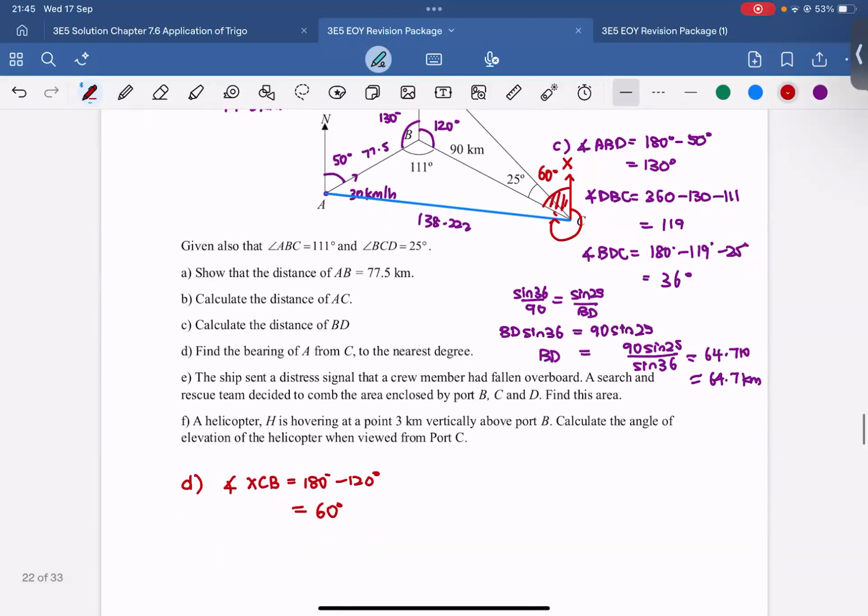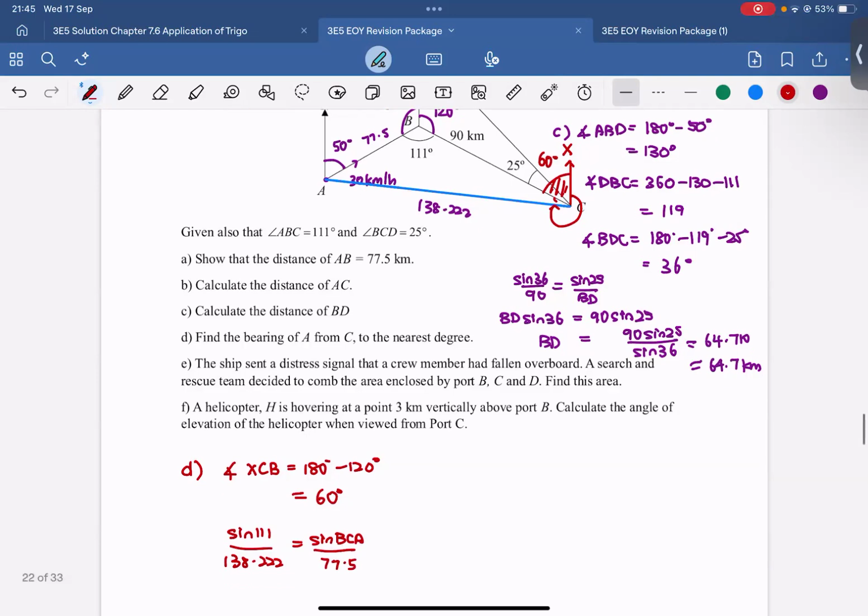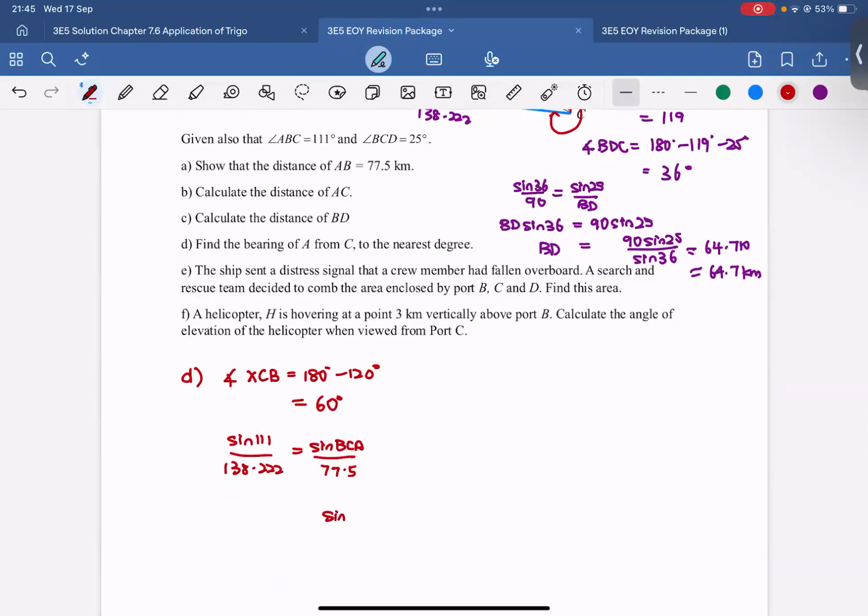Okay, so sine 111 over 138.222 is equals to sine BCA over 77.5. So sine BCA equals to 77.5 times sine 111 over 138.222.